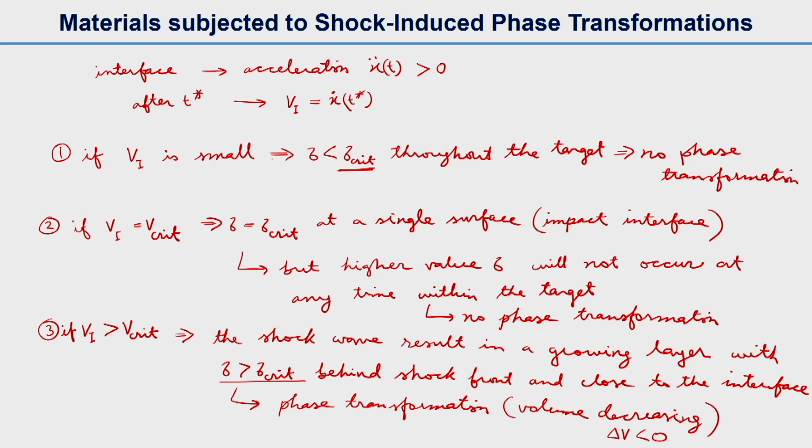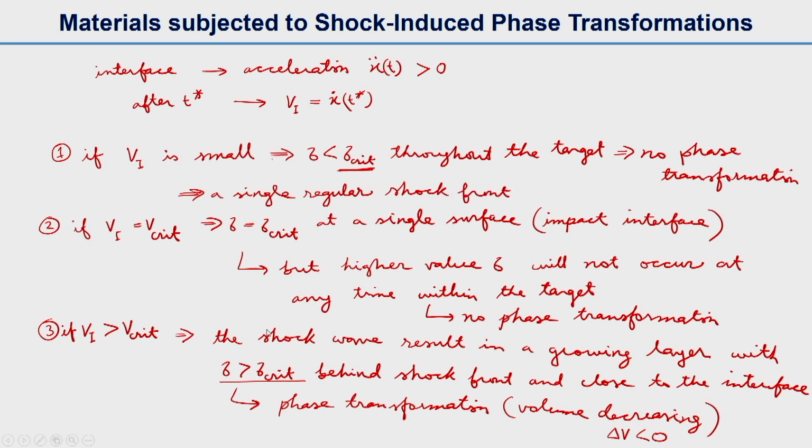So now we see these three cases. First one, if Vi is small, there will be no phase transformation in the target. So a single regular shock front will travel, single we would say regular. So there is no phase transformation, regular shock front.